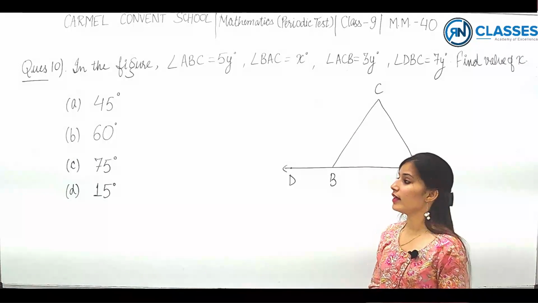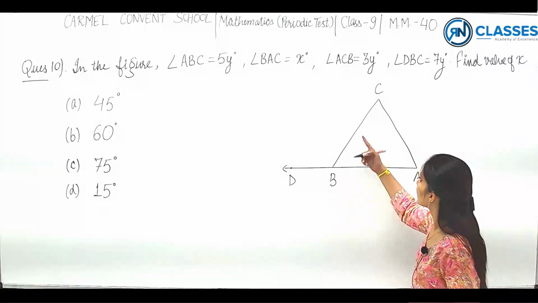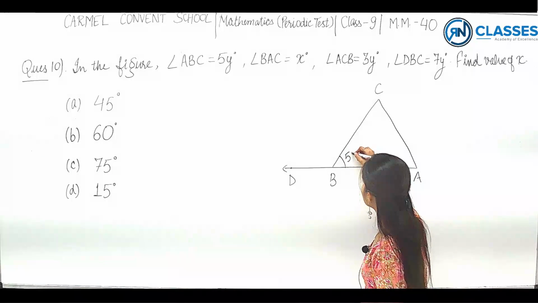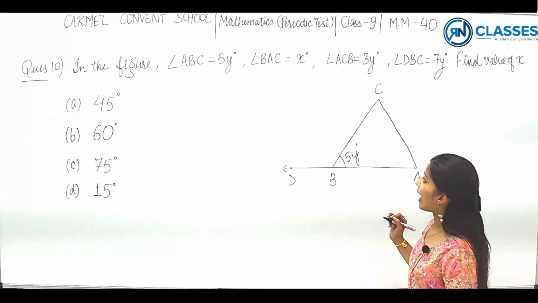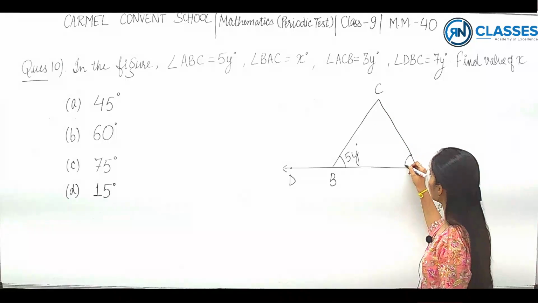Question number 10. In the given figure, angle ABC, this angle is 5y degree. Angle BAC is x degree.